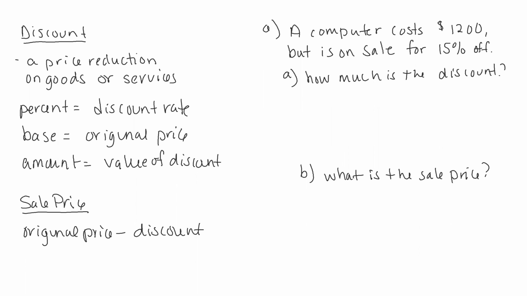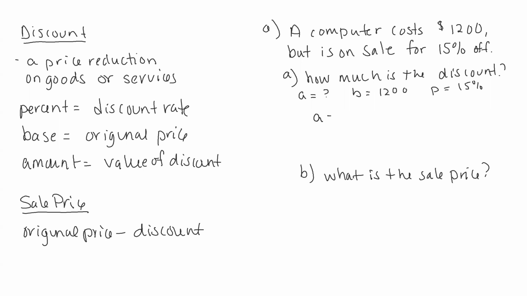So our first example says a computer costs $1,200, but is on sale for 15% off. What we want to do first is find the discount, and then after that, we'll find the sale price. For this one, the amount we don't know. The base is the cost of the computer before the discount. The percent is 15. We're going to use the percent equation on this one.